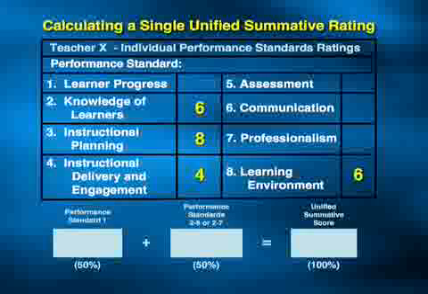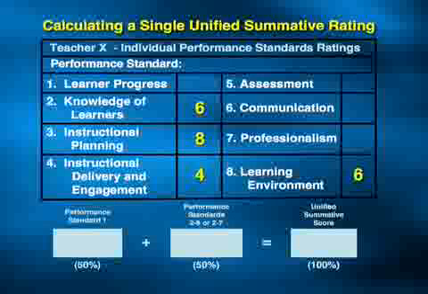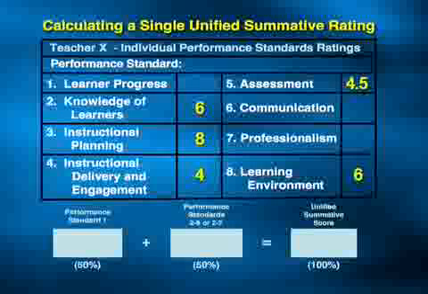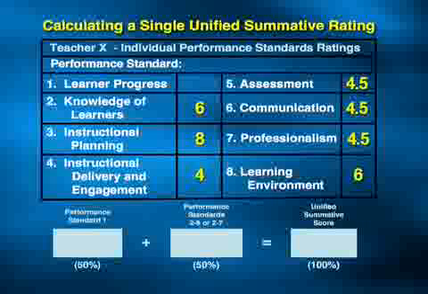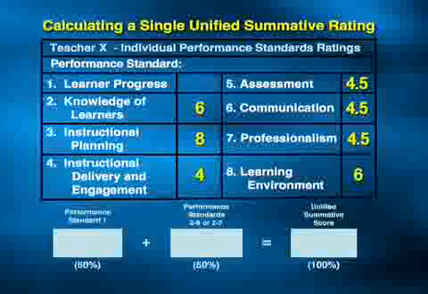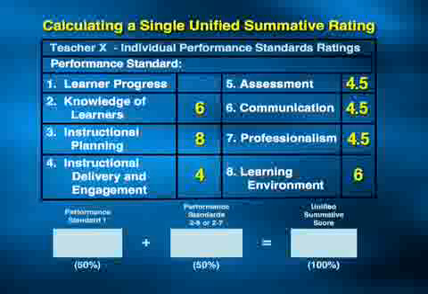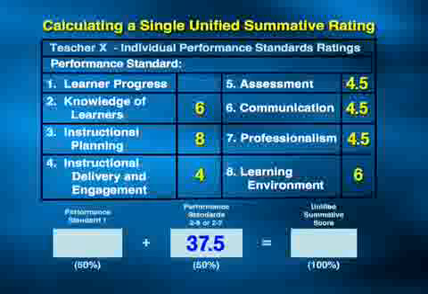On the non-observable standards, Teacher X is rated effective on Standards 5, 6, 7, receiving 4.5 percentage points on each standard out of a possible 6 points for each of these performance standards. Added together, Teacher X will receive 37.5 percentage points out of a possible 50 percentage points for Standards 2 through 8.